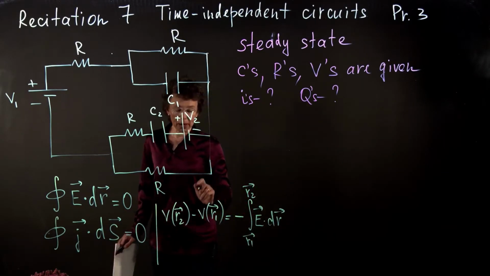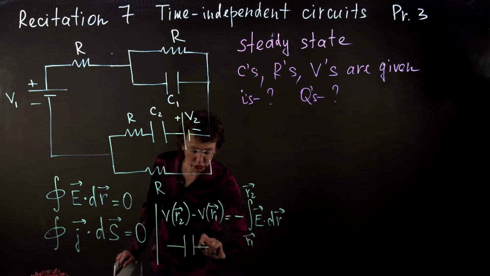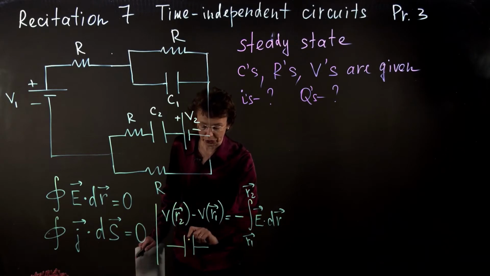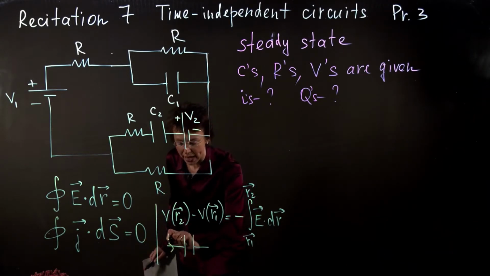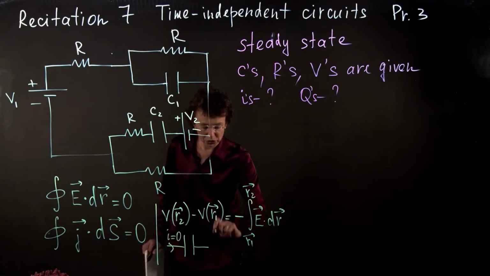And I also remind you that for a steady state situation, current through the capacitor is 0. If I have a capacitor in a certain branch, then current is 0. One more thing.